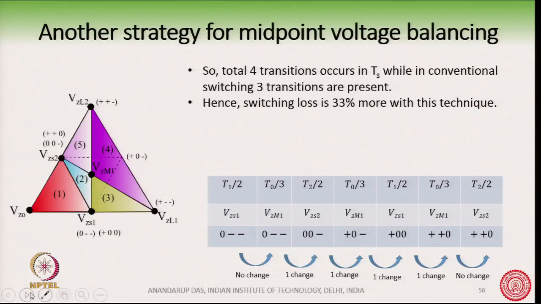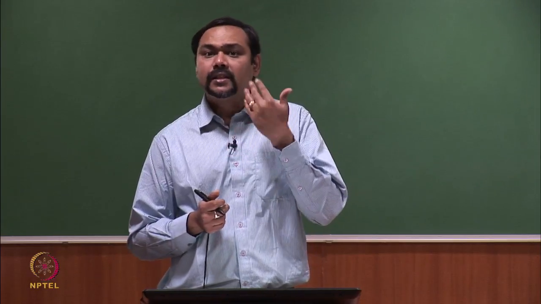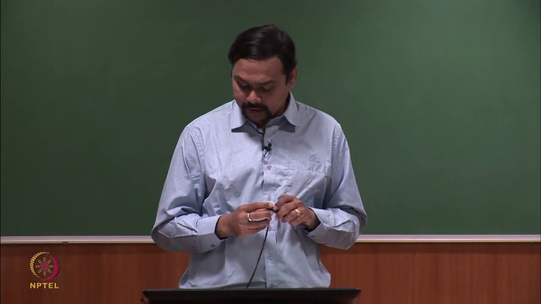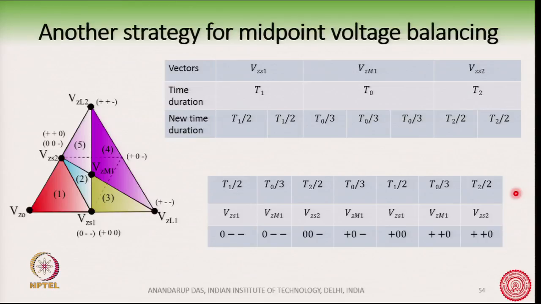However, if the switching frequency is sufficiently high, which is most of the case applicable, then this poorer harmonic performance may be acceptable. It should not be any problem, because in this case the harmonics will reside at 2 Fs. So, in that 2 Fs we can filter out the harmonics. But now what we are doing, we are redistributing these time periods in a different fashion. Okay.